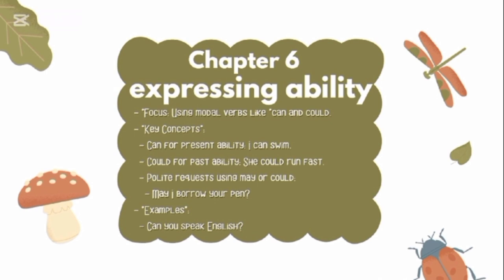For example, I can swim is for the present. She could sing beautifully. She could run faster than I could. So both can express the ability of a person, himself or herself.